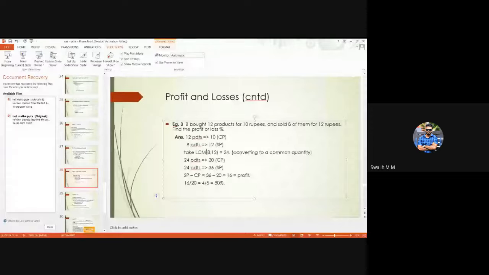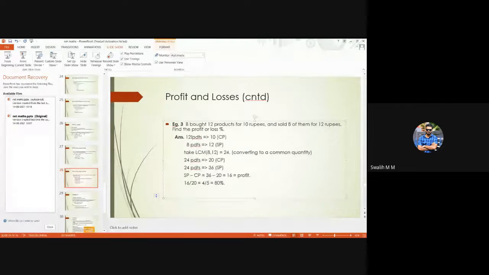So yeah, you need to take both these numbers in terms of a bigger whole number, 24. 12 becomes 24 and 8 becomes 24. The cost price of 24 products would be 20. And for the selling price of 24 products, here 8 is multiplied by 3 to become 24, so 12 is multiplied by 3 to become 36.